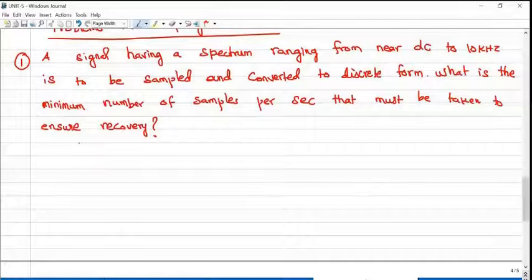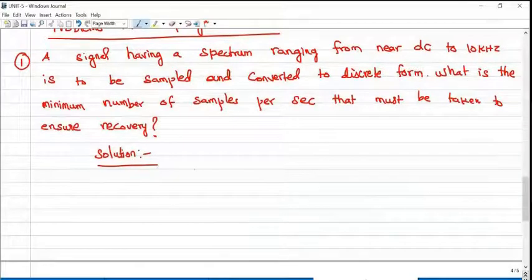Solution. fm, that is the given maximum frequency content of the signal, is 10 kilohertz.